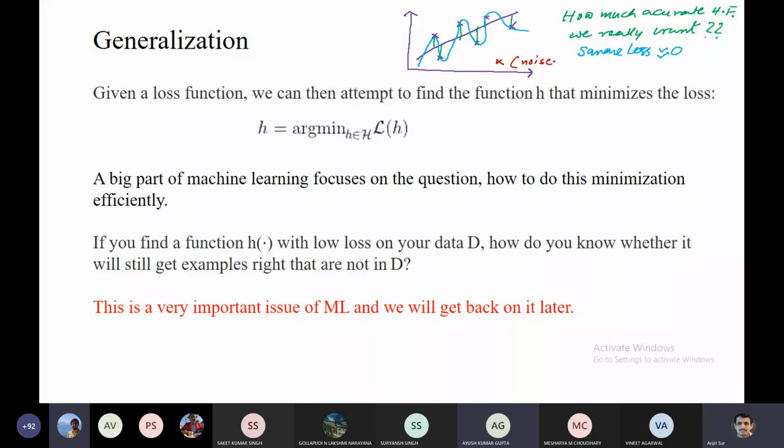If we go by this formulation, our hypothesis function will be something like this.